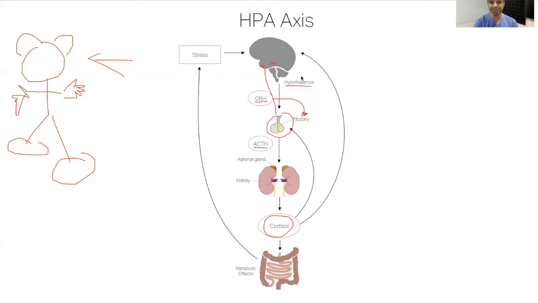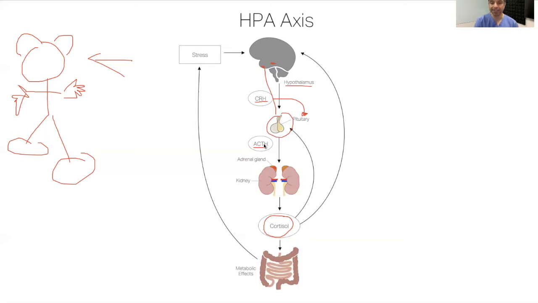And so what happens is that the hypothalamus then tells the pituitary, hey, we're gonna need to ramp things up. And the hypothalamus tells the pituitary to ramp things up through the corticotropic releasing hormone, right? And then the pituitary says, okay, we need to tell the adrenal glands to ramp things up.